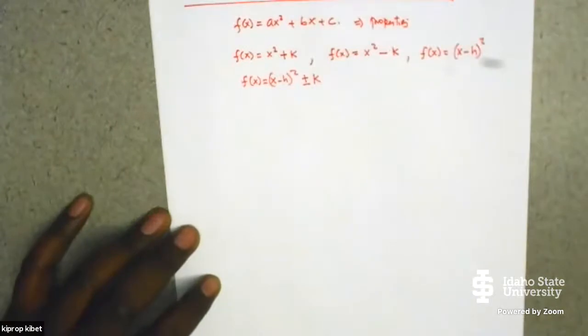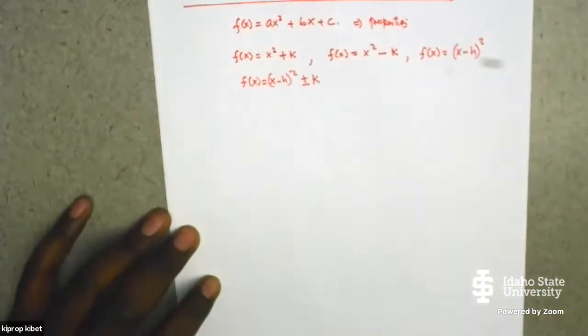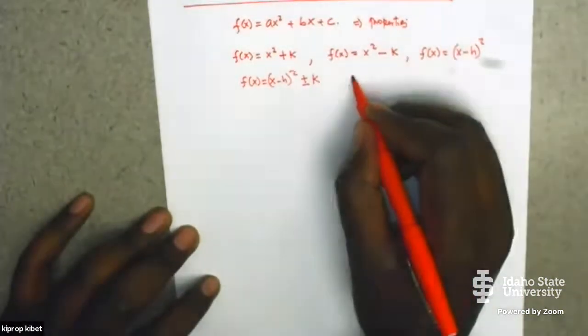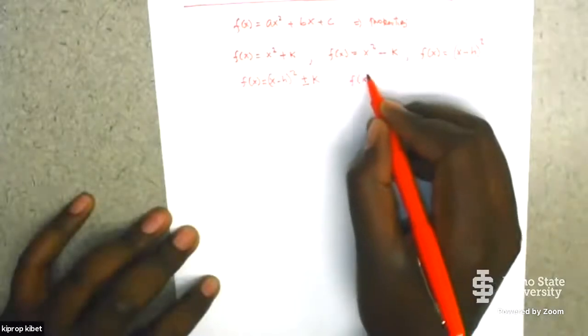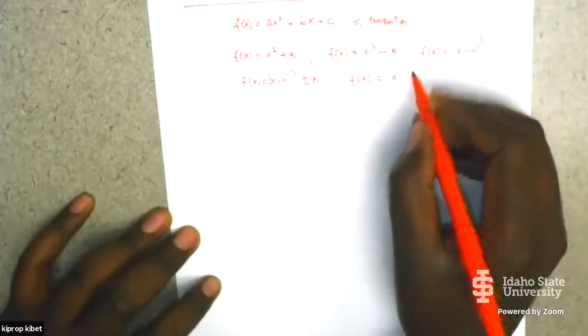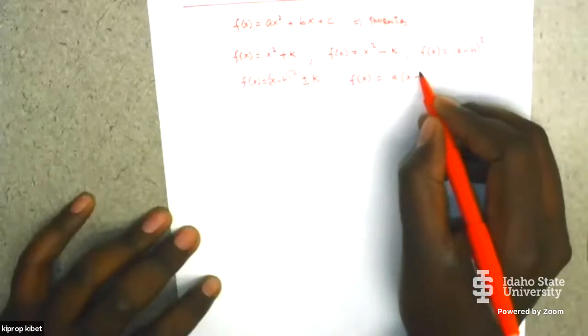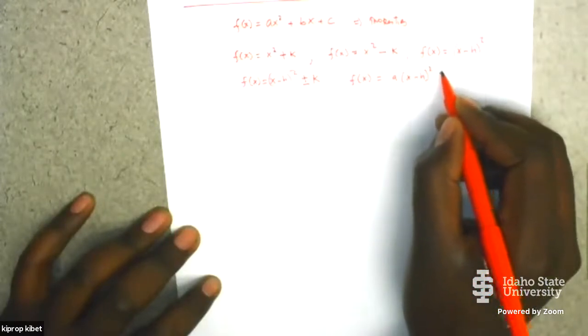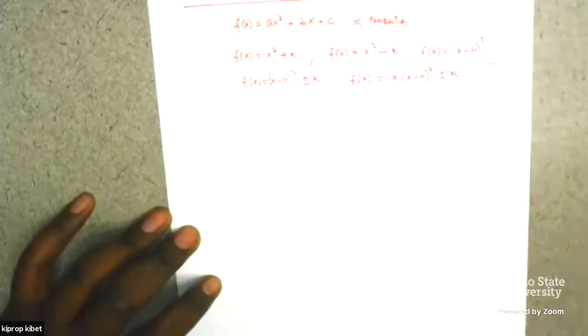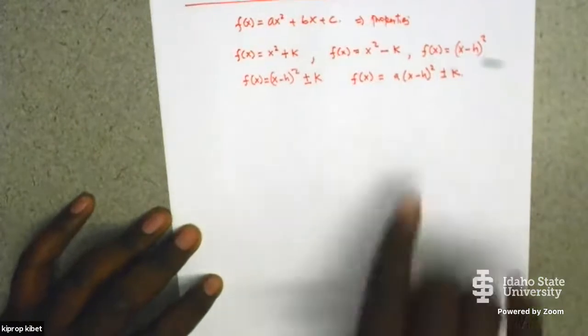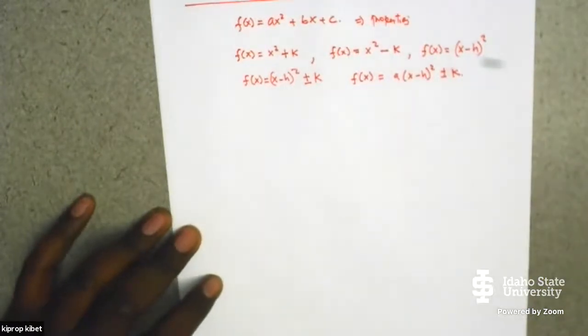What happens to the graph? And then finally, f of x equals a times x minus h squared plus or minus k. What happens when there is this constant here?